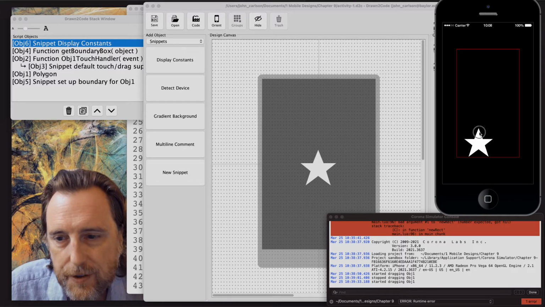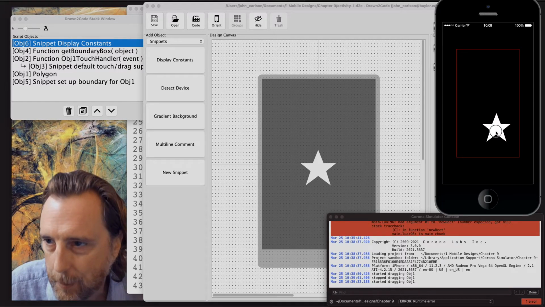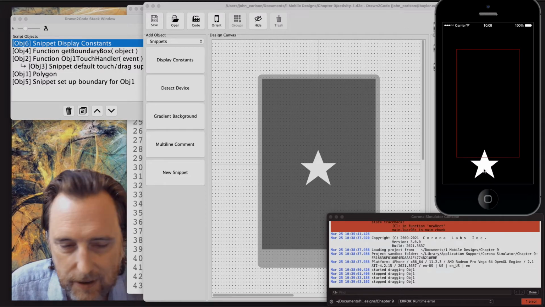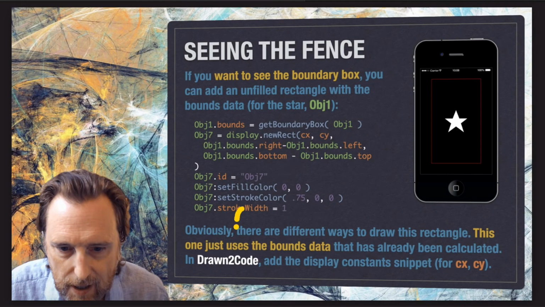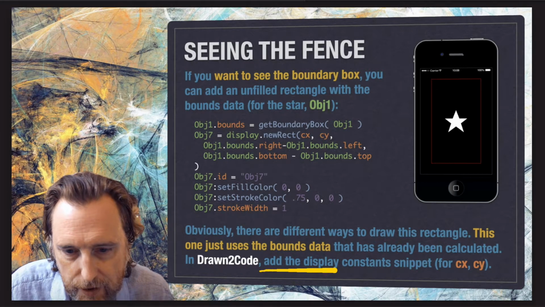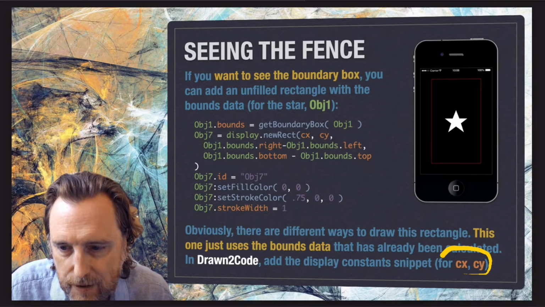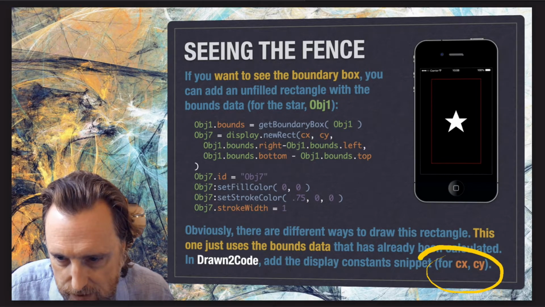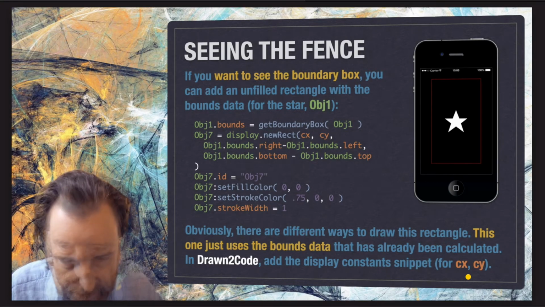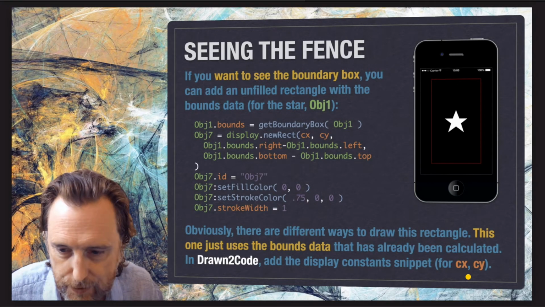I don't want the star to be able to get out of the box. And right now, it can get out of the box. And I even say down here, I just wasn't reading my own slide: in Draw to Code, add the display content snippet for CX and CY. So if I fully read my own slide, I wouldn't have had that very long moment of confusion.